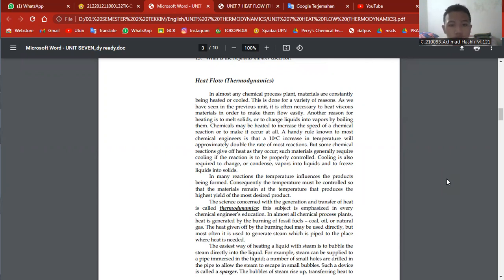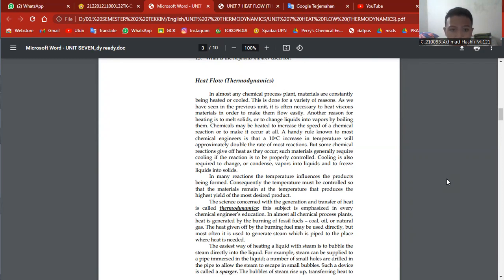In almost any chemical process plant, materials are constantly being heated or cooled. This is done for a variety of reasons. As we have seen in the previous unit, it is often necessary to heat viscous materials in order to make them flow easily.